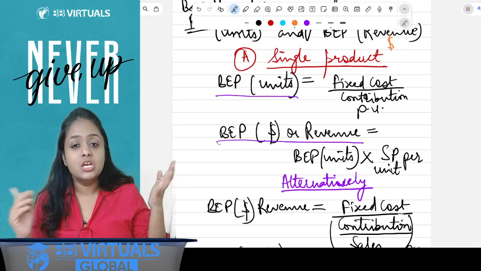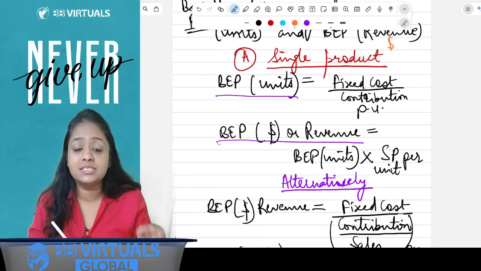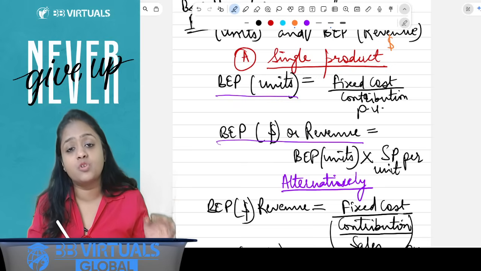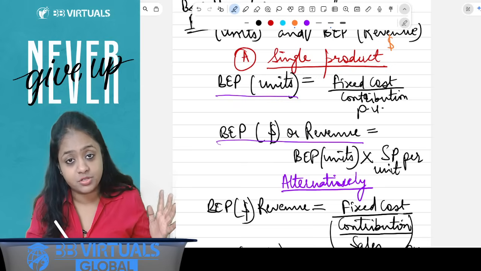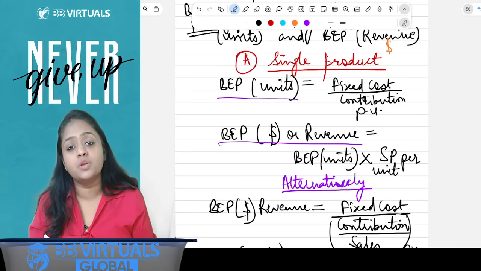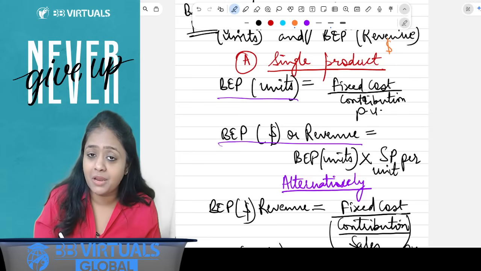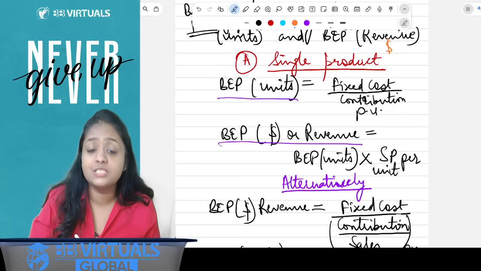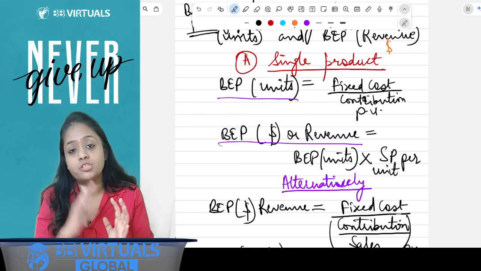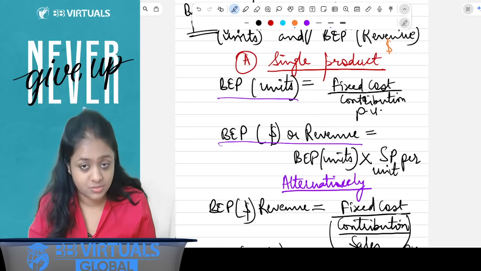So break-even point in units is the sale units at which your total fixed cost will be equal to total contribution. So break-even point in units is fixed cost by contribution per unit. Because when I multiply contribution per unit with this break-even point in units, then the total contribution becomes equal to the total fixed cost.